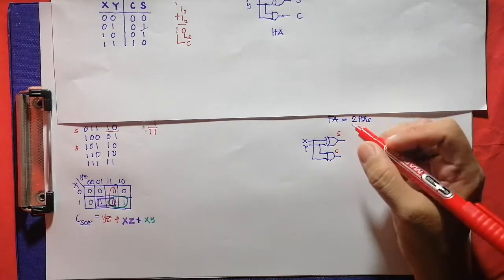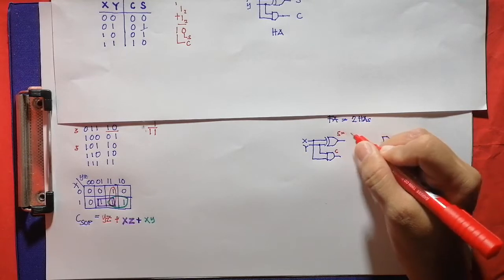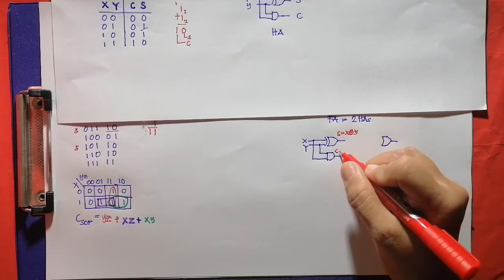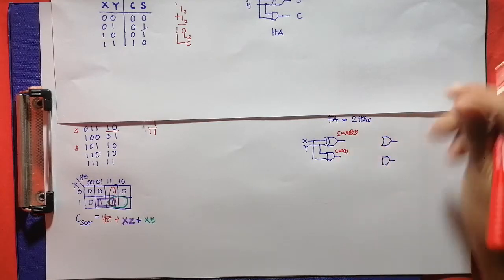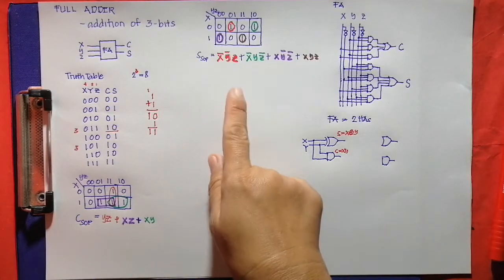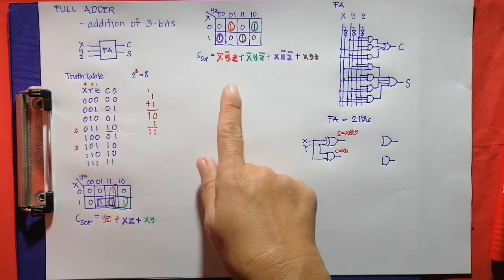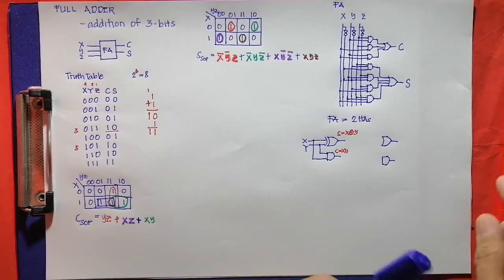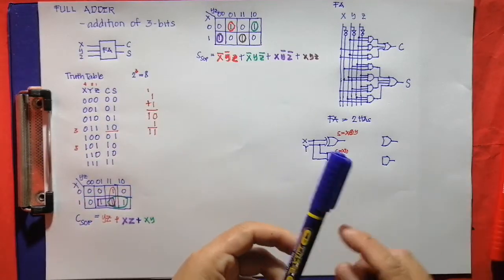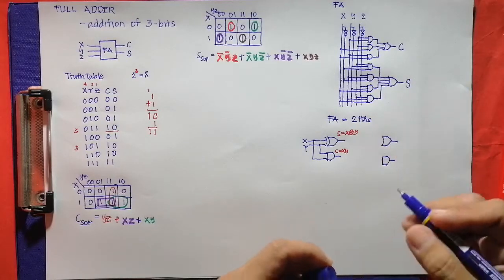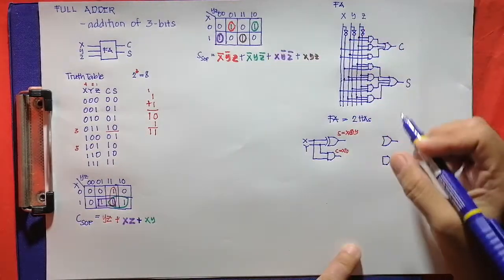Okay? So S is equivalent to X XOR Y, and for C, we have XY. Okay? So how are we going to do that? Now, let's have the S. For the S, we're going to derive the XOR implementation of this S here.